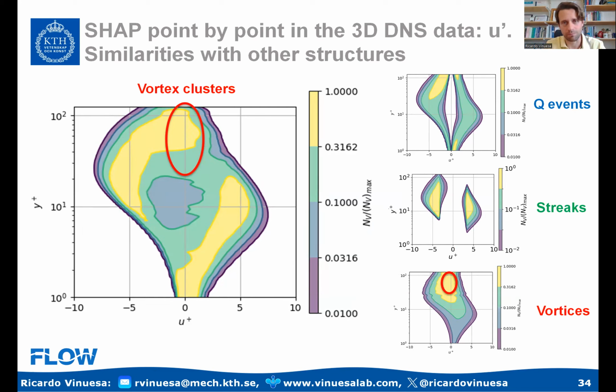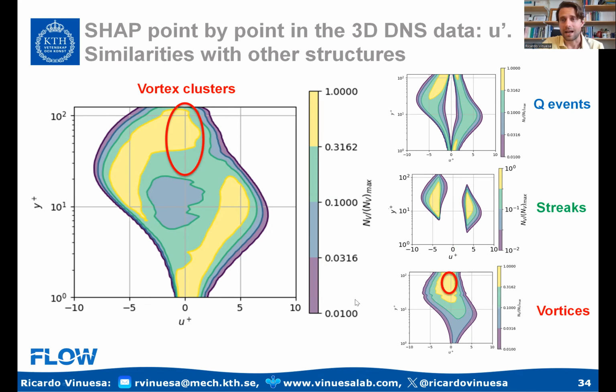I mean, they were obviously important, but they would not tell you the whole picture. The whole picture is taken when you put all these structures together and their relative importances in different regions of the flow, okay? And this is super important, not only to understand turbulence better, but to control it and to try to really reduce drag and really control the flow in a way that is efficient.